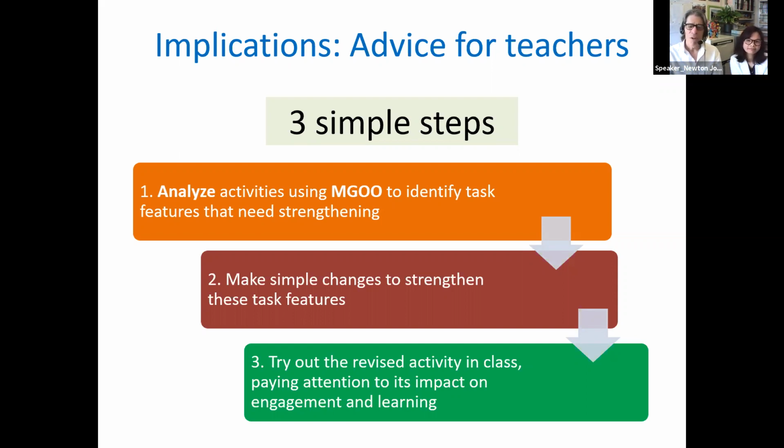And then third, try out the activities in class, paying attention to what impact it has when you strengthen the activities and make them more task-like, because all teachers need to be looking for evidence of their impact on learning. So if you make a change, if you try something out, observe its impact. So those are the 3 steps: analyze, adapt, try it out, and observe.